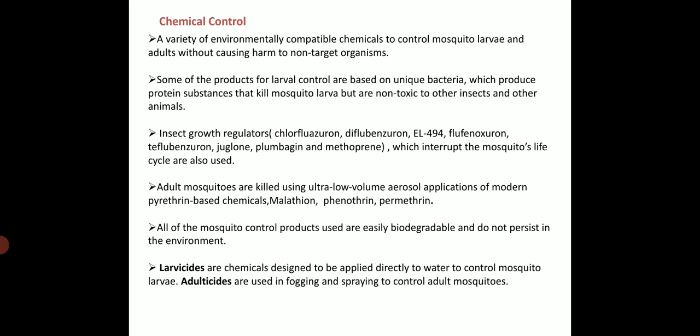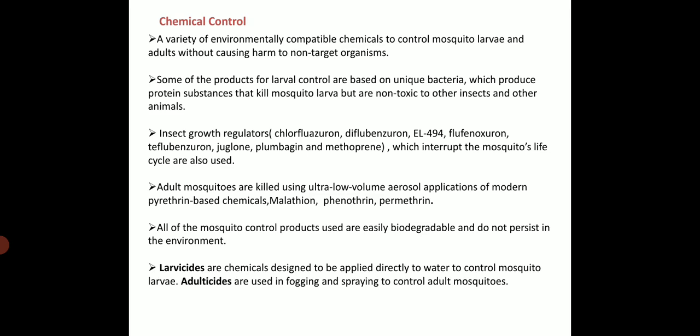Adult mosquitoes are killed using ultra low volume aerosol application of modern pyrethroid-based chemicals, malathion, fenthion and permethrin. All the mosquito control products are easily biodegradable and do not persist in the environment.